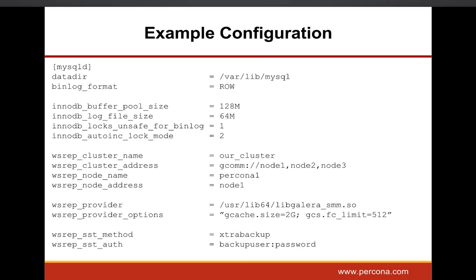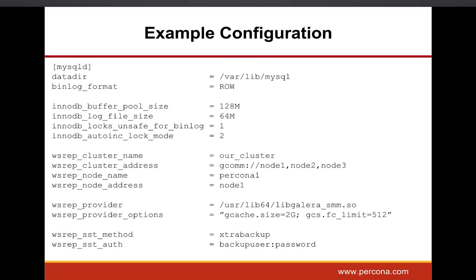Communication in the cluster happens over 4 ports. The first port is just standard MySQL, so 3306. The cluster replication proper is known as GCOMM, group communication. That's on port 4567. It does support multicast, it does support SSL, but it's unicast and unencrypted by default.